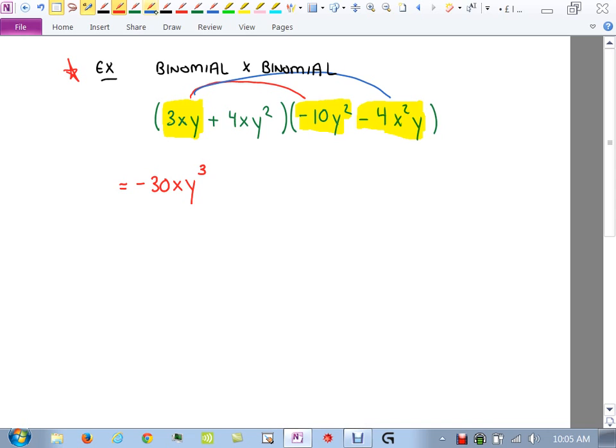Now what would the blue one give us? Negative 12 x to the third y to the second. That's what we would do, right, if we didn't have that second one there. That seems pretty natural. Okay, but we do have the second one there.